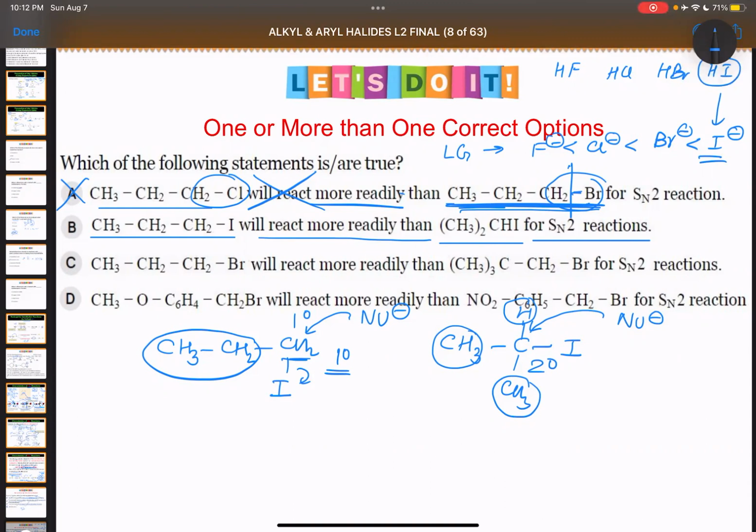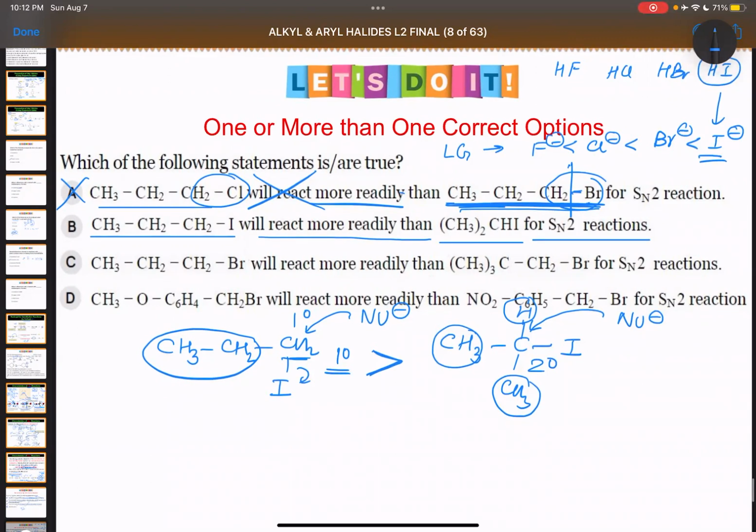Now just think about it. No matter if it goes wrong, don't worry about it. Yeah, the primary. Exactly. So for SN2, methyl halides or methyl substrates are going to react at the fastest rate, assuming that all the rest of the things are the same.